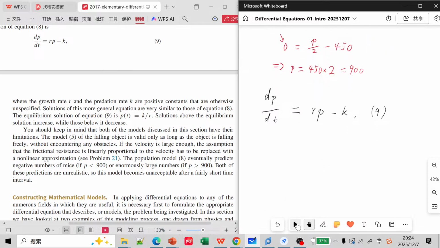Let's do it simply. Let this dP over dt be 0. Then we get R times (P minus K) equal to 0.